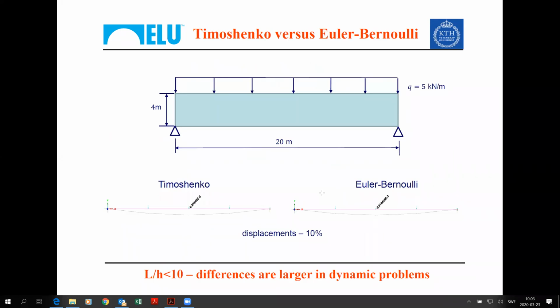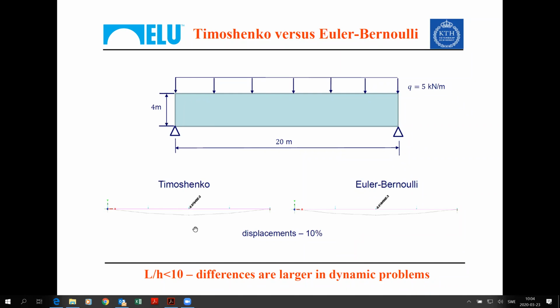Now, quickly, a comparison between Timoshenko and Euler-Bernoulli beams. If you compute a beam of height 4 meters, length 20 meters, by Timoshenko theory and by Euler-Bernoulli theory, what you will get in displacement difference is about 10%. So the Euler-Bernoulli beam would be about 10% stiffer than the Timoshenko beam.